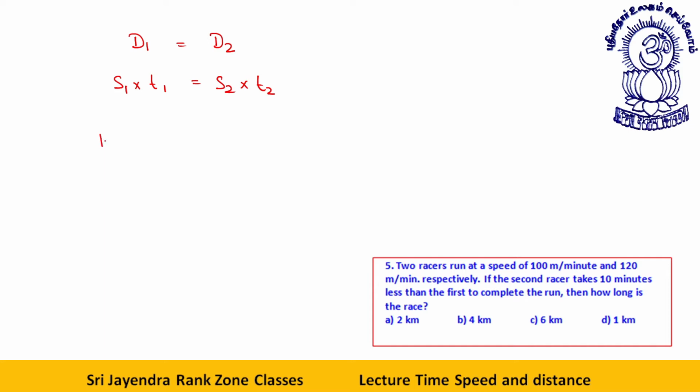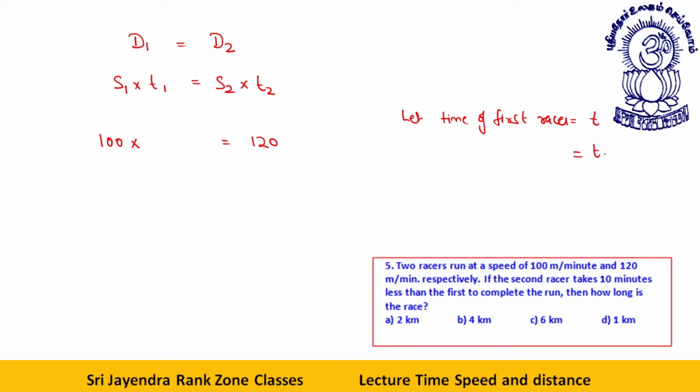What is the speed of the first player? 100. What is the speed of the second player? 120. The second racer takes 10 minutes less than the first. Now let the time of the first racer be t, then the time of the second racer will be what?